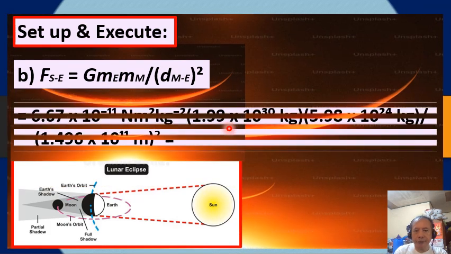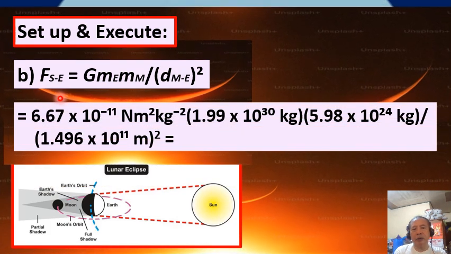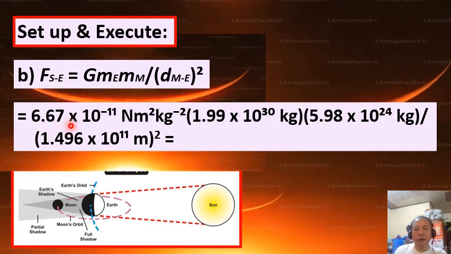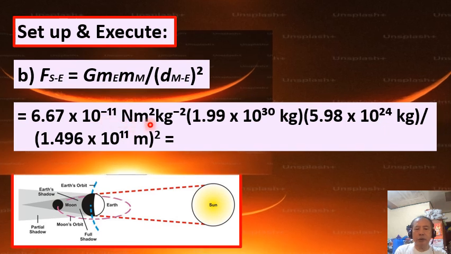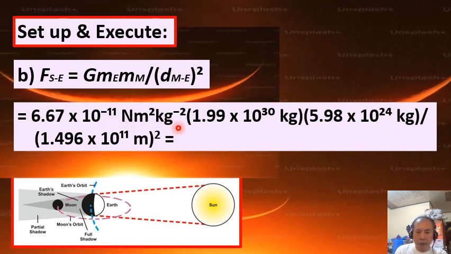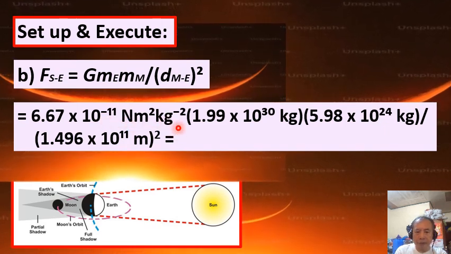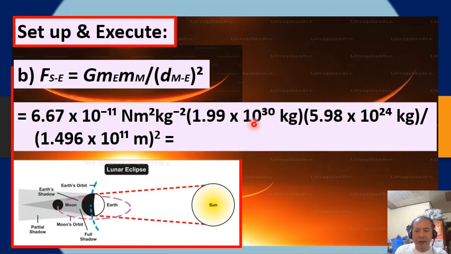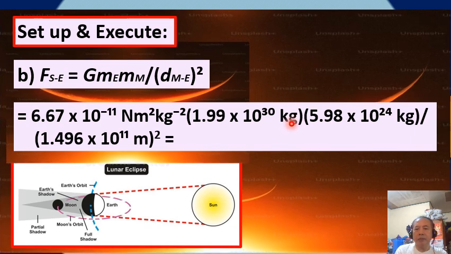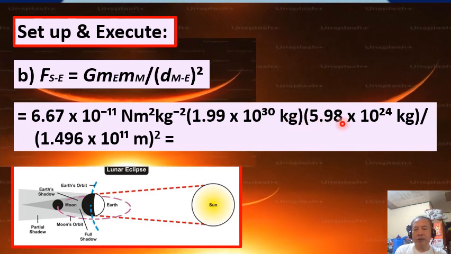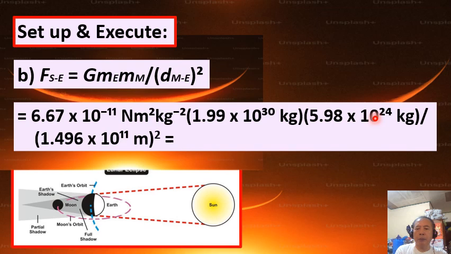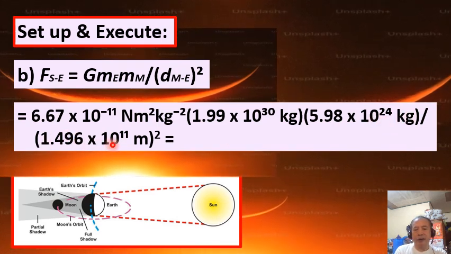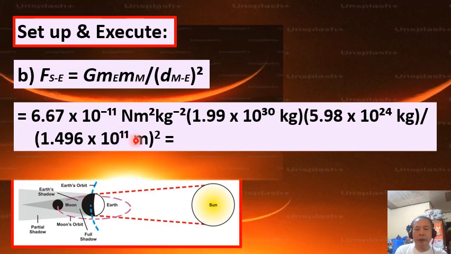That is, the force exerted by the sun on the earth is equal to 6.67 times 10 to the negative 11 Newton meter squared per kilogram squared, multiplied by 1.99 times 10 to the 30th power kilogram, times 5.98 times 10 to the 24th power kilogram, all over the square of 1.496 times 10 to the 11th power meter.